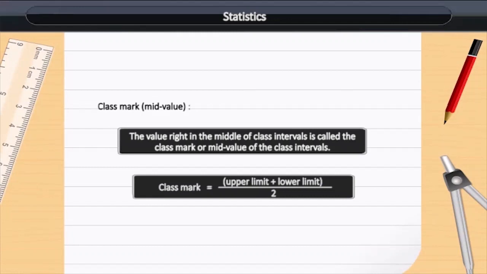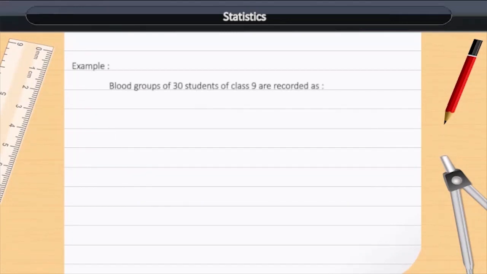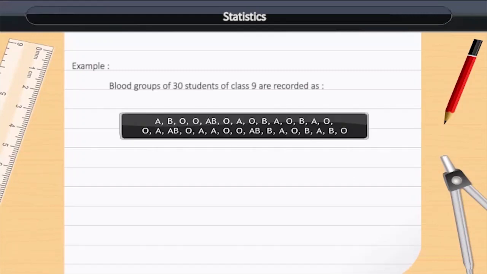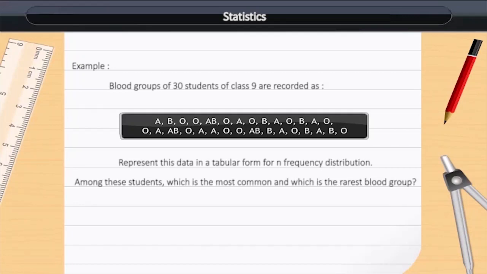Let us try to understand it with the help of an example. Blood groups of 30 students of class 9 are recorded as A, B, O, AB, O, A, O, B, A, O, B, A, O, A, AB, O, A, O, AB, B, A, O, B, A, B, O. Represent this data in a tabular form for frequency distribution.